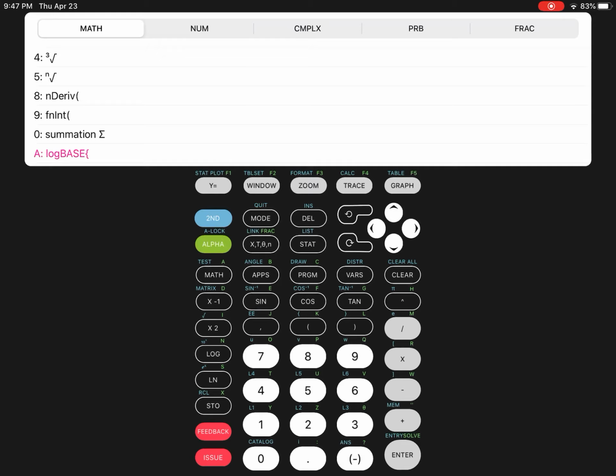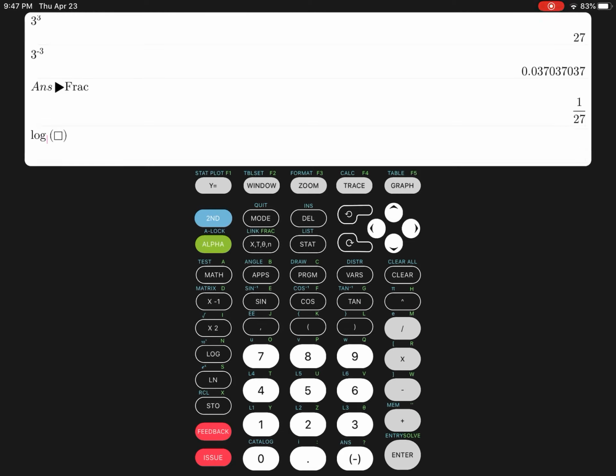I'm going to assume it's the same on yours, but if you are using one other than this app, it says log base regardless, and it'll be in that menu. So when I hit enter on there, it lets me put the base of 3 and the 27. And there, well, I've got it.